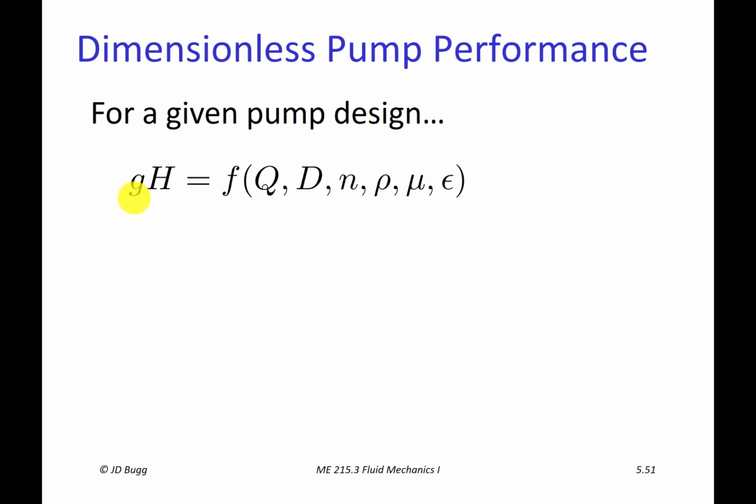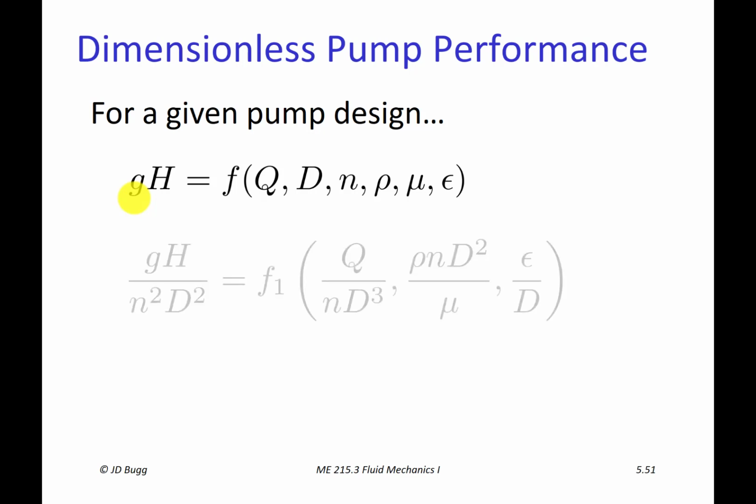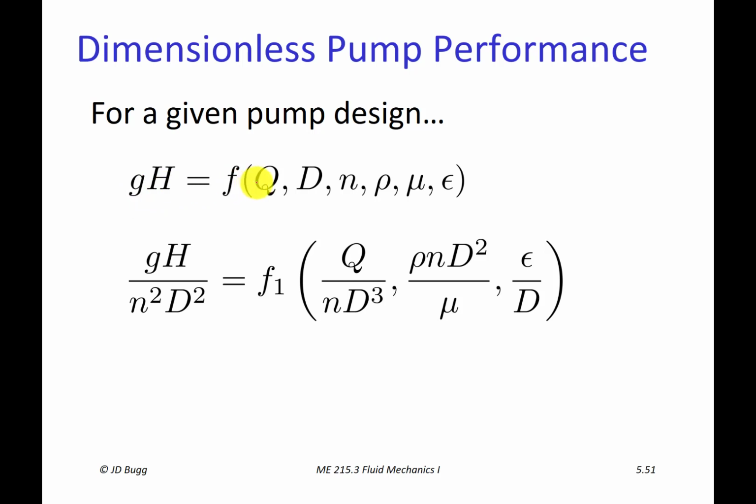Well, if we were to take that and put it into our Buckingham Pi theorem process and turn the crank on that, we would get this. Notice here we have 1, 2, 3, 4, 5, 6, 7 parameters. They involve 3 fundamental dimensions, so we would expect 4 dimensionless groups to come out of this. And in fact, that's what we get.